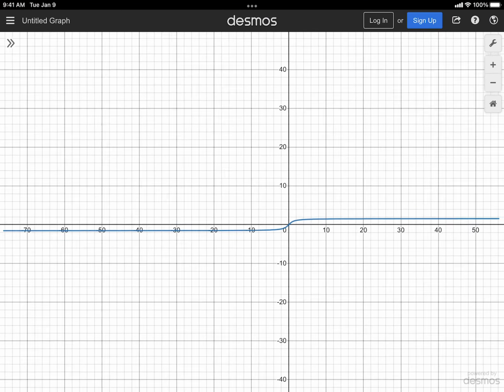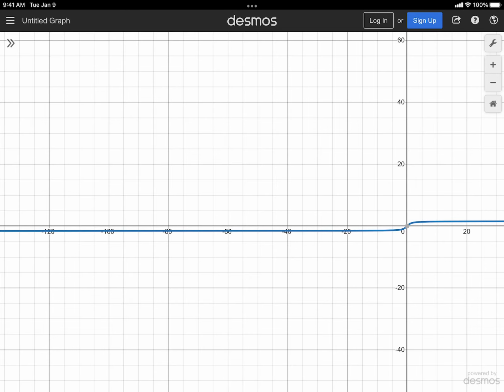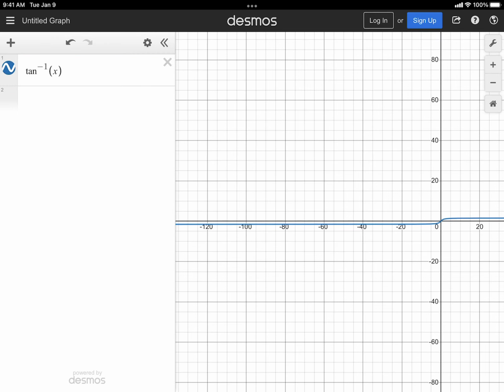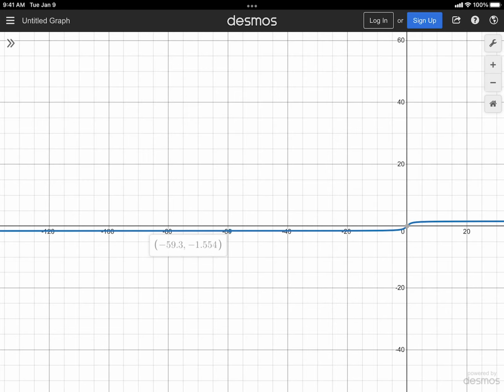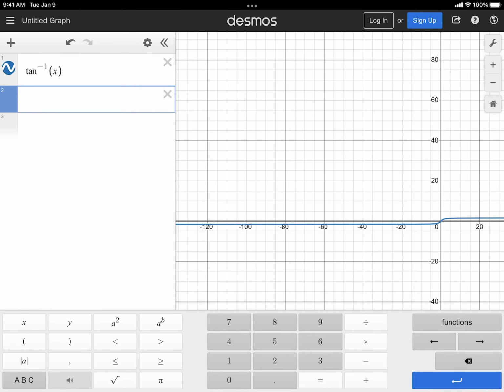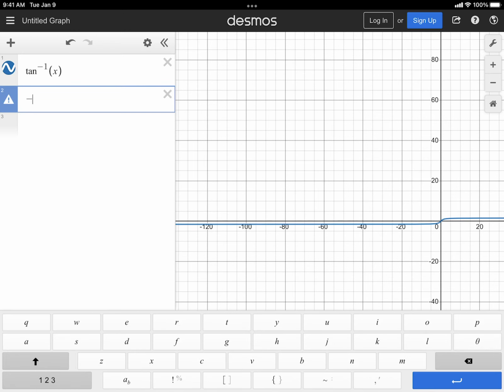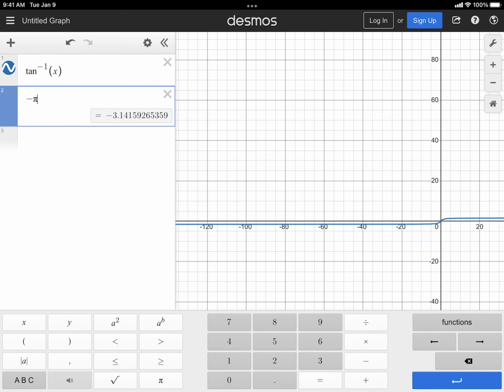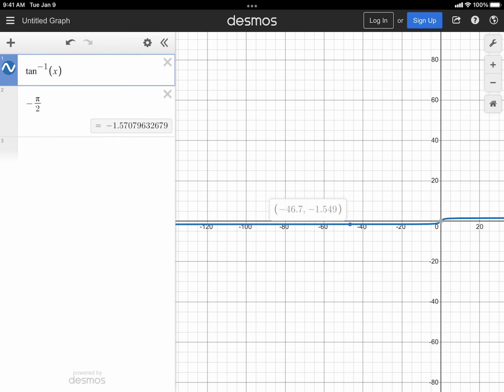As we are moving to the left in the x direction, this tangent inverse is approaching negative pi over 2, as we can see, because negative pi over 2, if we put it in here, is going to be negative 1.57 and some change, and we can see that that is what this thing is going towards. Another way to see it is with the triangle, and yeah, so that is that problem.